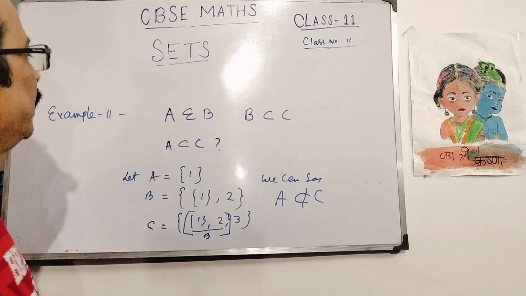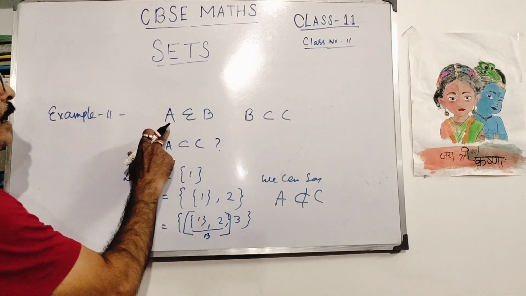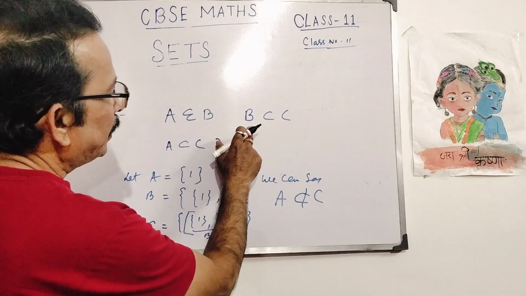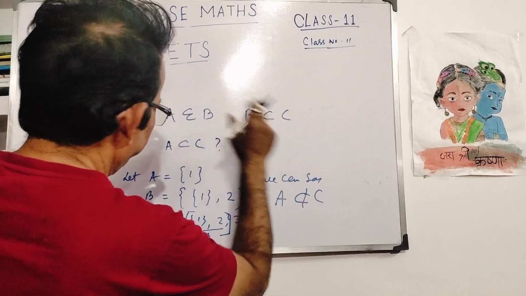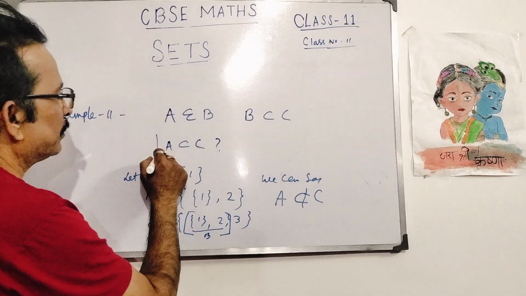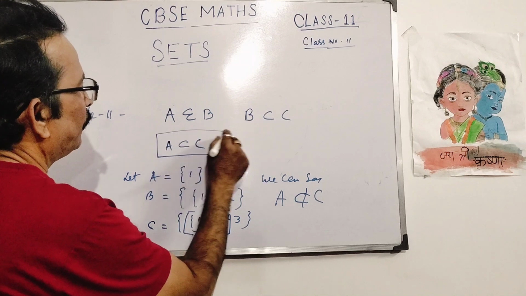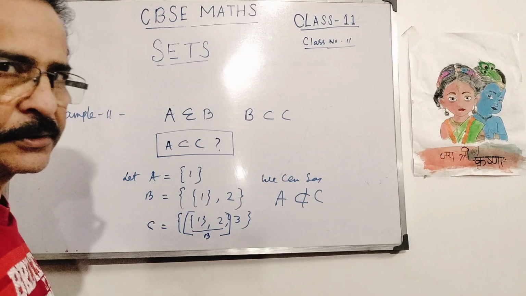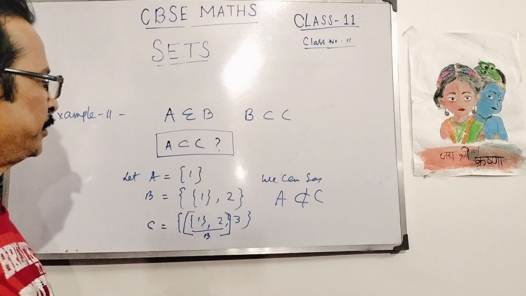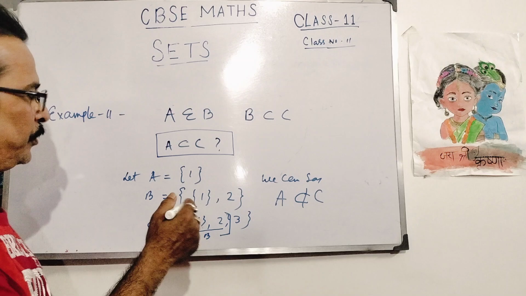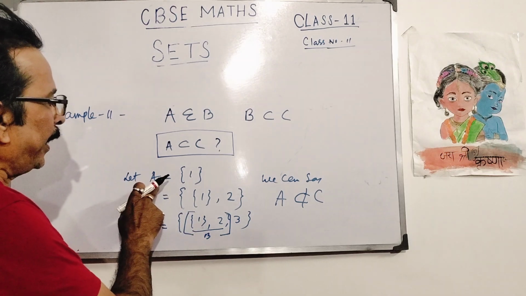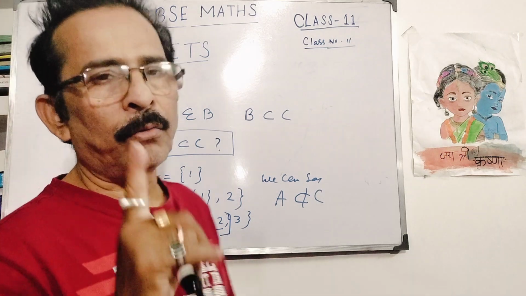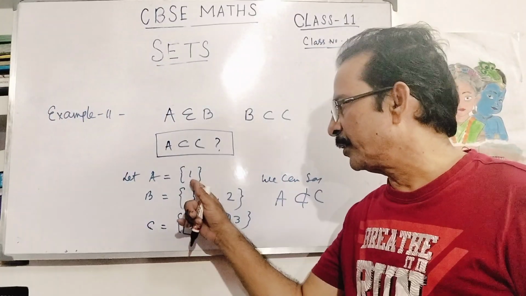Again I say that here A belongs to B and B is a subset of C. So is A a subset of C? Students, please follow. Let A be a set with one element, 1.